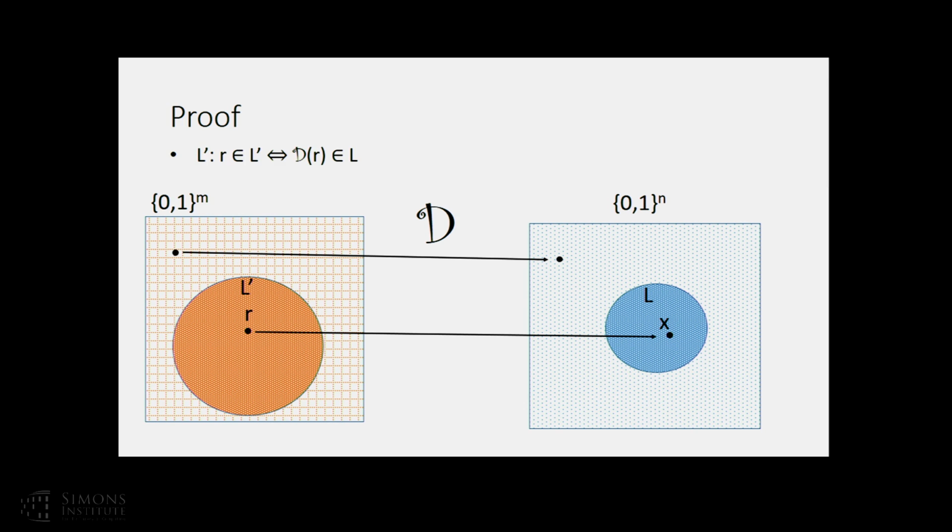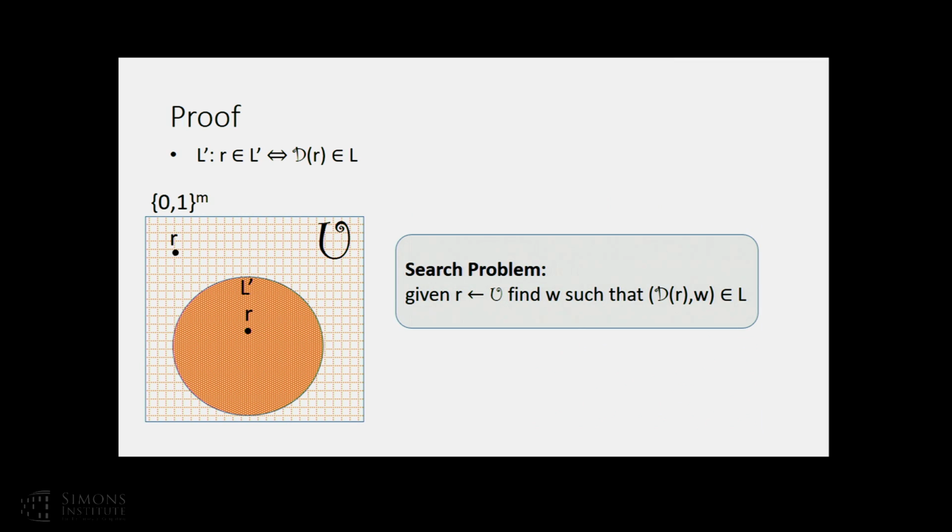And now I can define this language L prime, which is all the random coins R such that D of R is in the language. Okay, all the random coins that go somewhere here in the language. And now I can consider here the uniform distribution because these are the random coins.